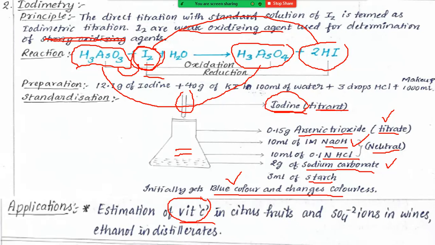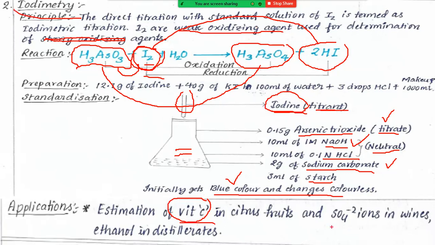If you take lemon, it is around 12.68. So how do you know the amount of vitamin C in the orange or lemon? We can estimate it by using iodimetry.